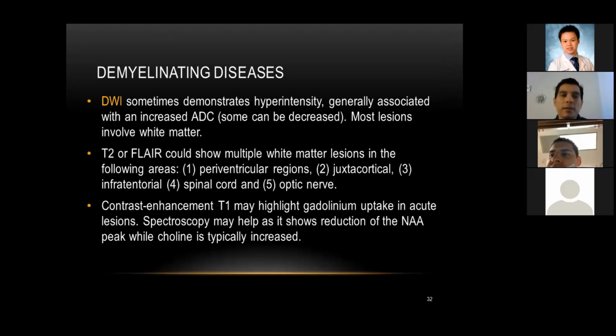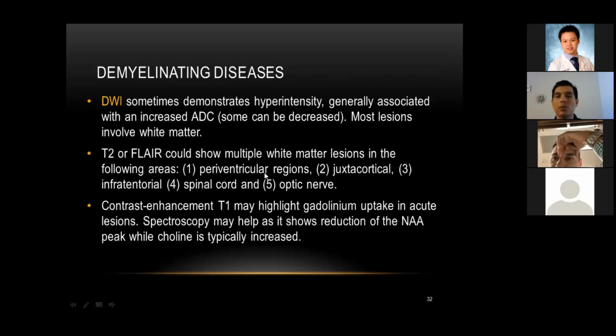In demyelinating diseases, the DWI sometimes demonstrates hyperintensity, generally associated with an increase in ADC, but sometimes it can be decreased, and most lesions involve white matter. T2 FLAIR could show multiple white matter lesions from a previous process in the following areas.